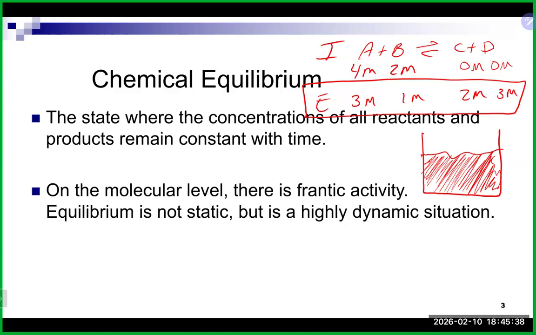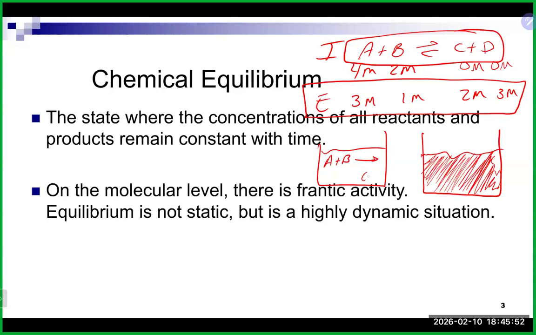But if you were to super zoom into the beaker, and let's just say this was the reaction that turned it red, what you would find is a lot of A and B going to make C and D, and a lot of C and D going backwards to make A and B. So there's a lot of activity constantly going on at the molecular level that you can't see with your naked eye.